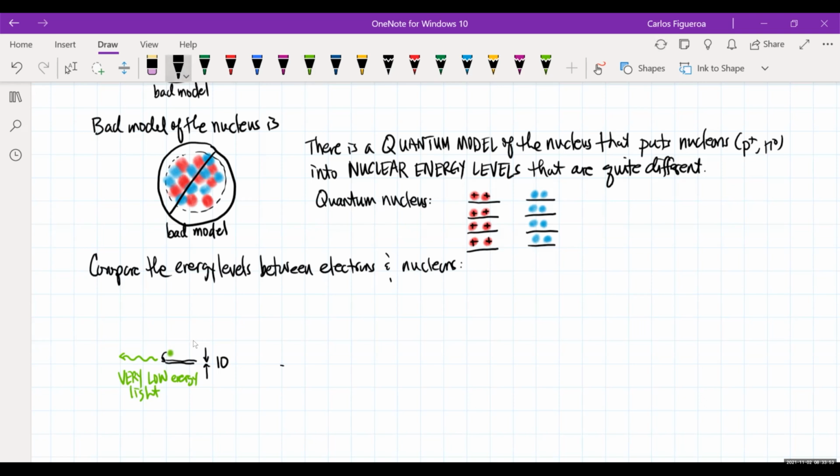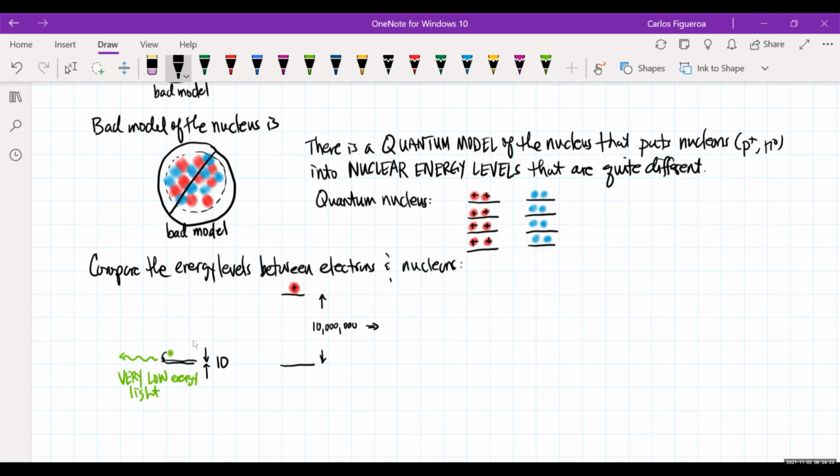So when you look at the scales between, now let's say that I have a proton that's going to jump, just like the electron. When you compare the scale from here to here, it's actually 1,000,000 times bigger.